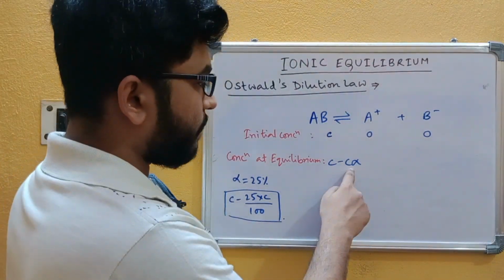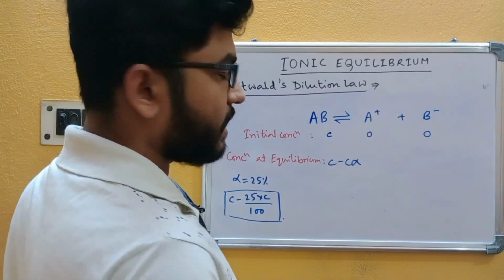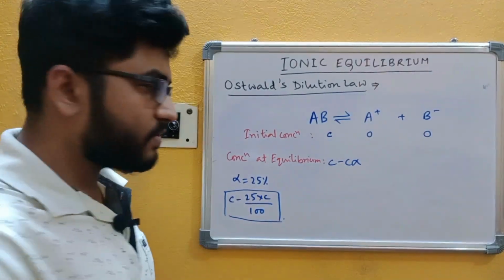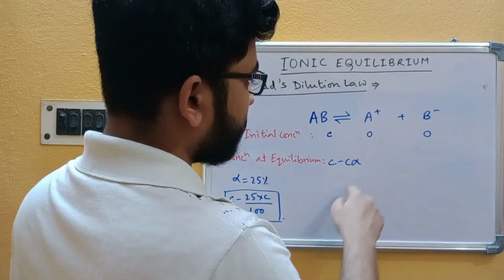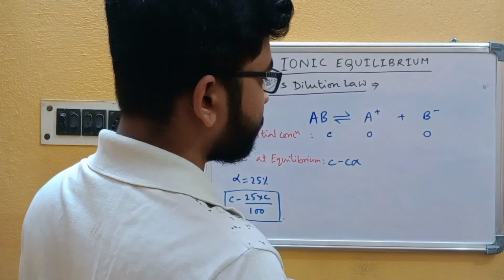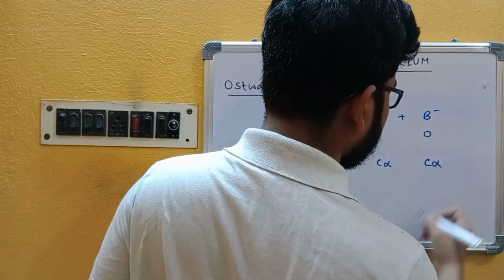If C alpha amount of AB dissociated to A plus and B minus, then the same amount will be for A plus and B minus. So here A plus will be C alpha, and B minus will be C alpha.